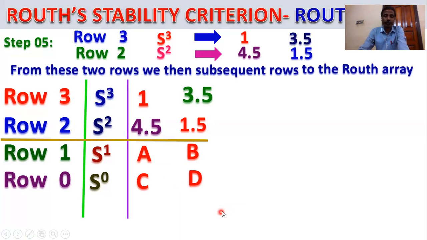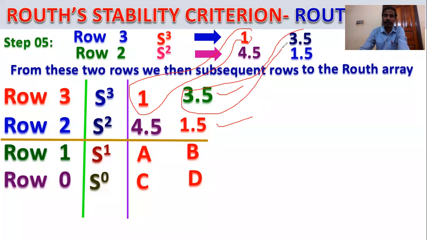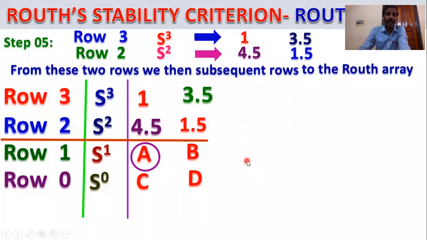So determine A, B, C, D using the Routh technique. First calculate A, by cross multiplication.